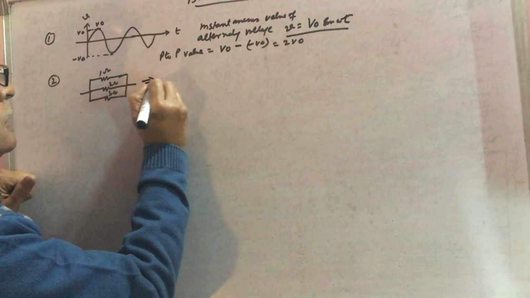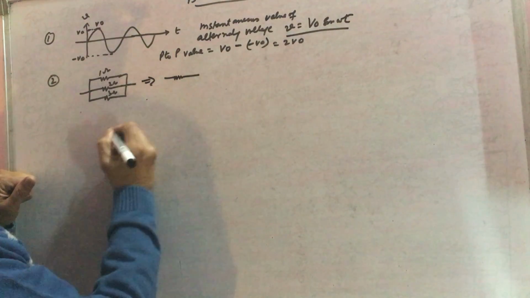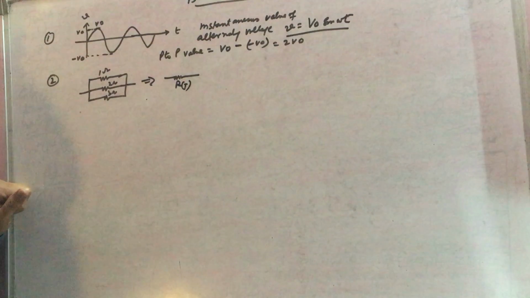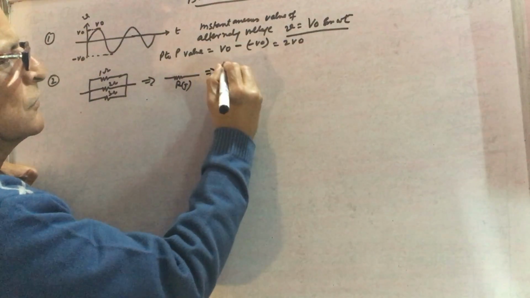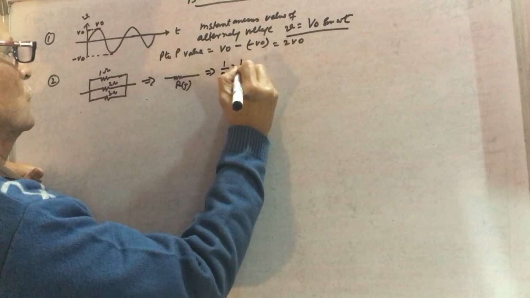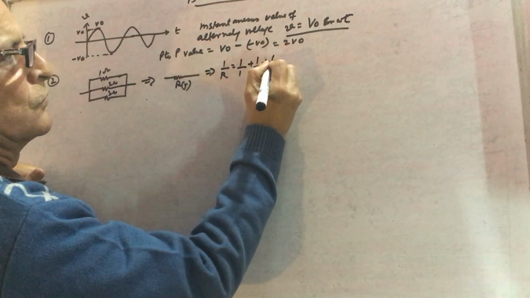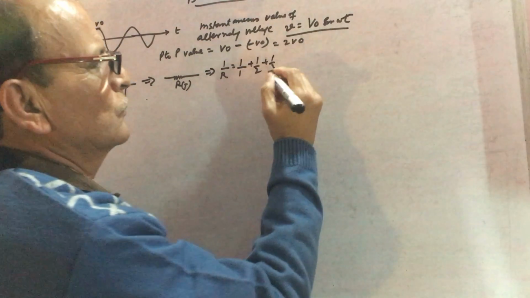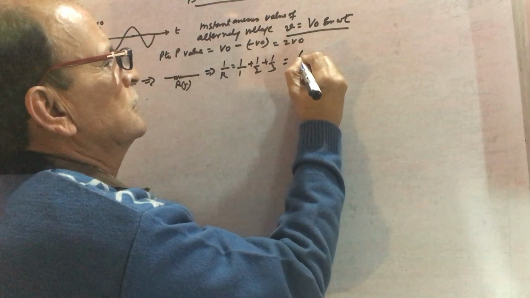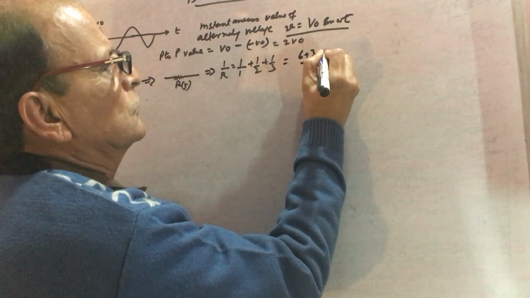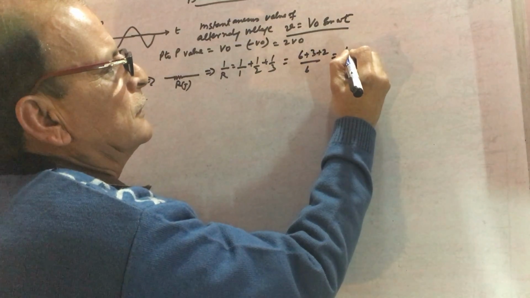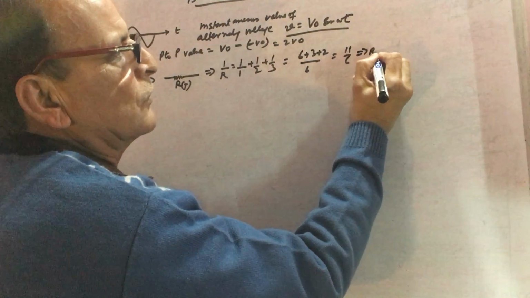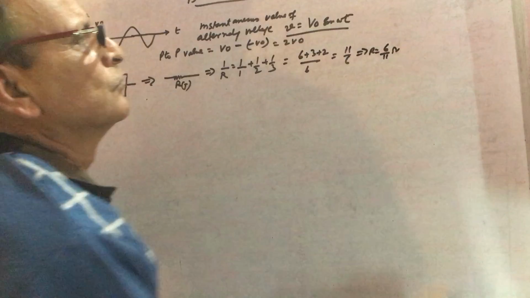So their total value you can find by this formula: 1 over R is equal to 1 over R1 plus 1 over R2 plus 1 over R3, that is 1 over 1 plus 1 over 2 plus 1 over 3. So 6 is the LCM. 6 plus 3 plus 2, and it is 11 over 6. And when we reverse it, R will be 6 by 11.